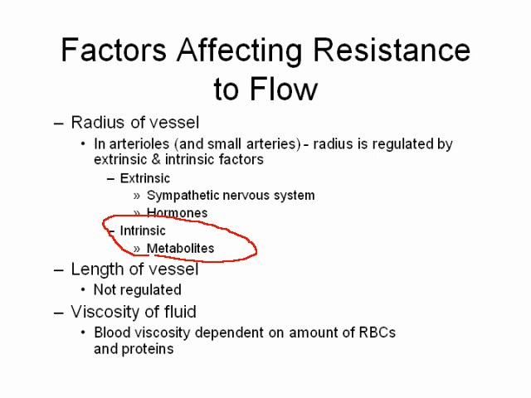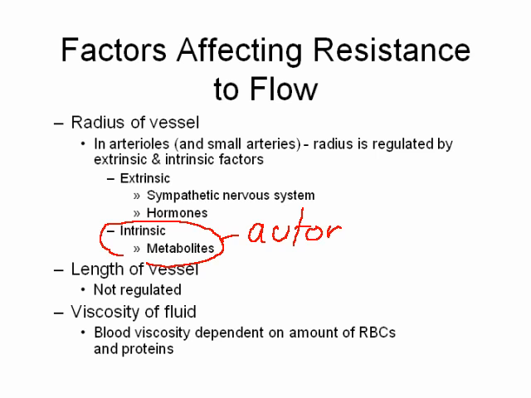That is, buildup of CO2, buildup of potassium, metabolic byproducts, a reduction in oxygen. All of these act as intrinsic mechanisms, and quite often we refer to this also as autoregulation. The idea that we don't need some factor outside what's going on right there at the vessel controlling the vessel.